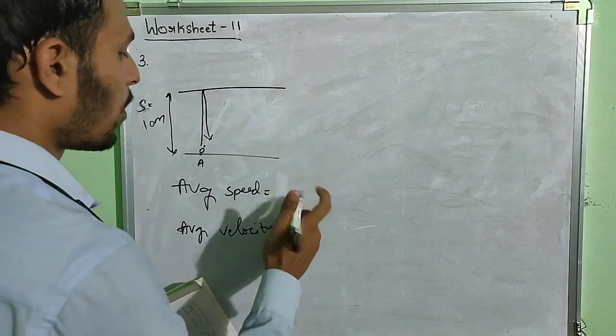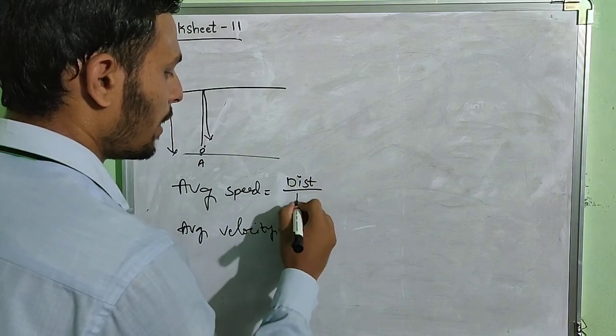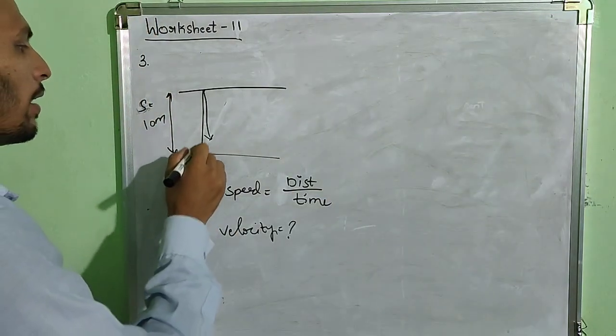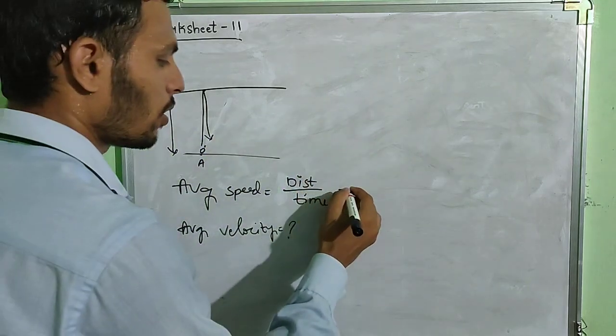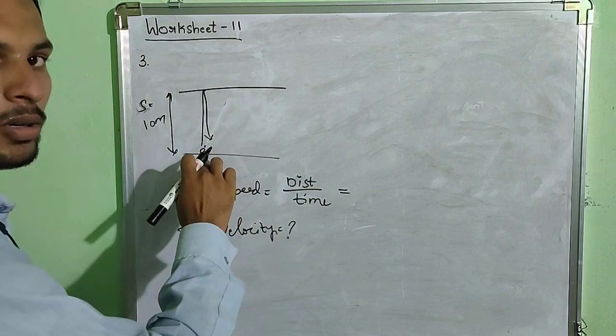We know that the formula for average speed is distance by time. So how much distance is covered? 10 upwards and 10 downwards, 10 plus 10, 20. We have to consider the whole distance, since after striking, it gets back to the original position.